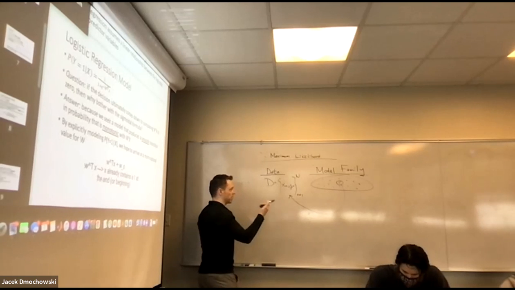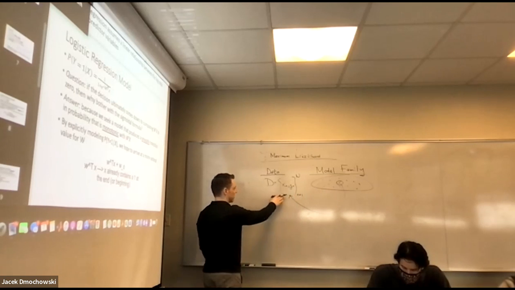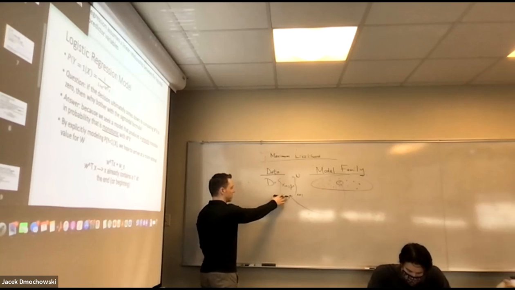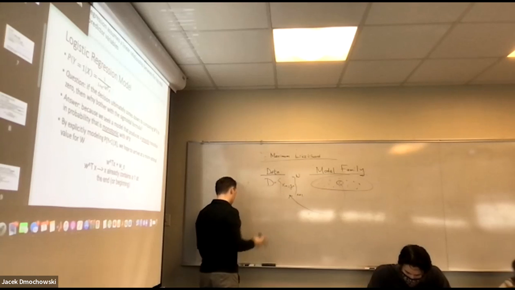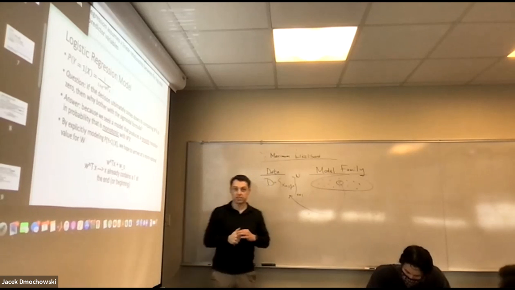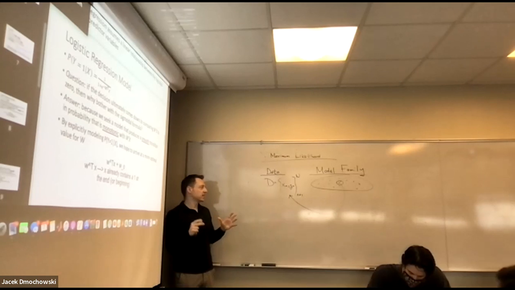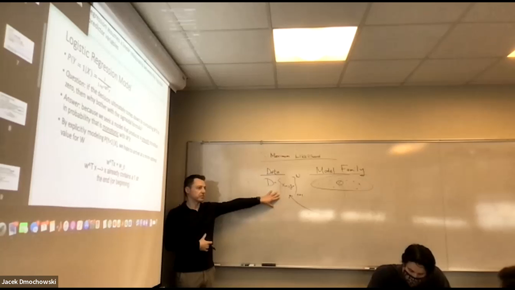In other words, you want to pick the model that, and I haven't even given you the math yet, best explains your data. So what does that mean? Another way of saying that is you want to pick the model that was most likely to generate what you observed.